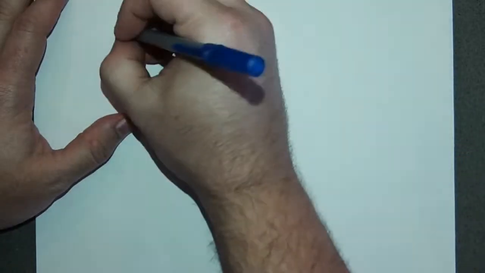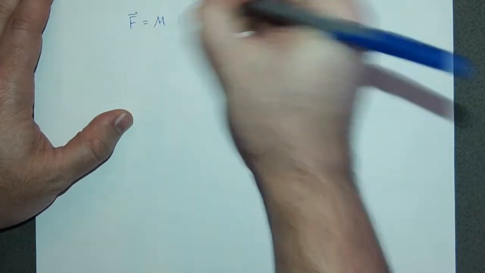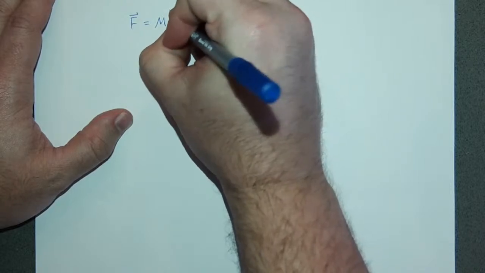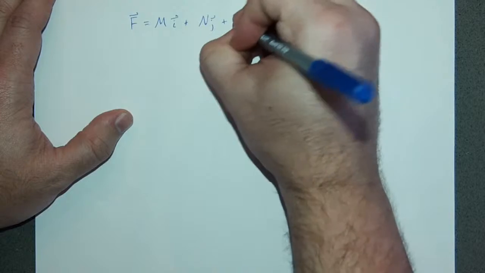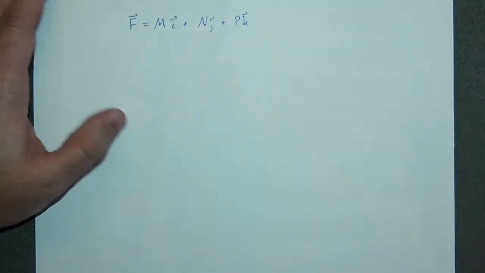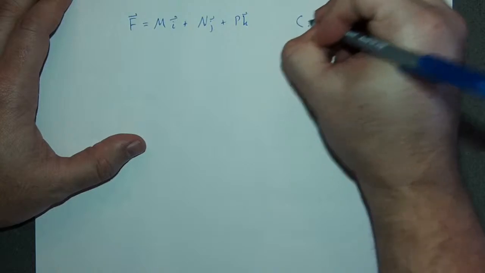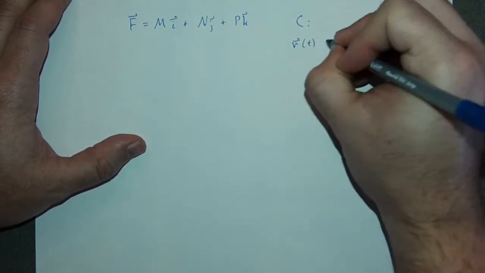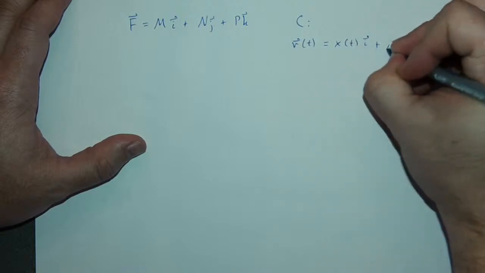So if F is written in the usual way, my vector field is M i plus N j plus P k, and I have a curve C. It's a smooth curve, and it's parameterized by r of t in the usual way, so I won't rewrite r.